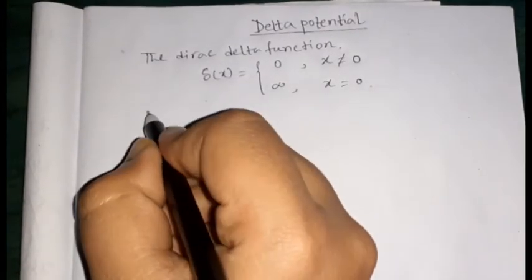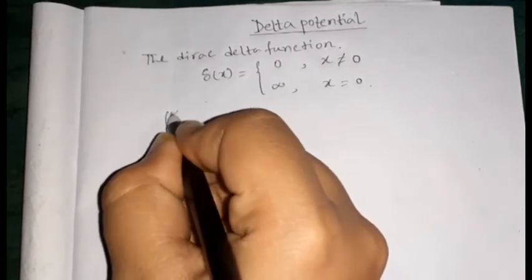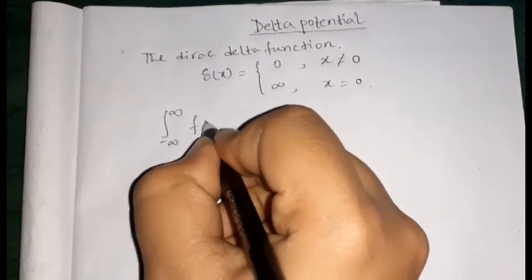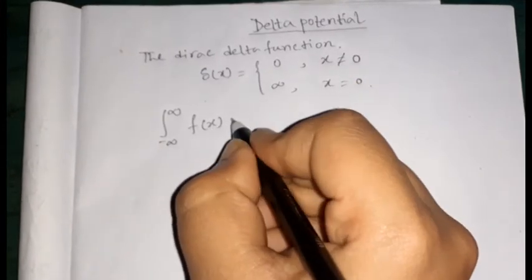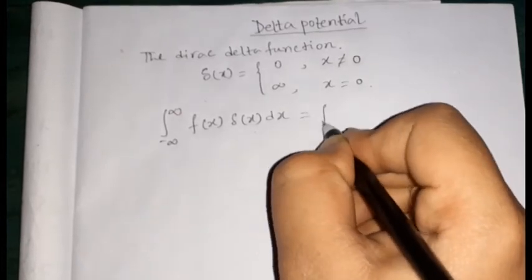Another property is that the integral from minus infinity to plus infinity of f(x), any function of x, times δ(x) dx is equal to f(0).